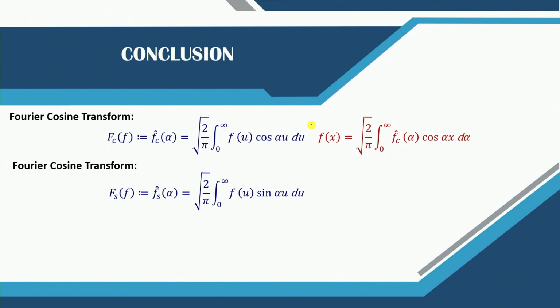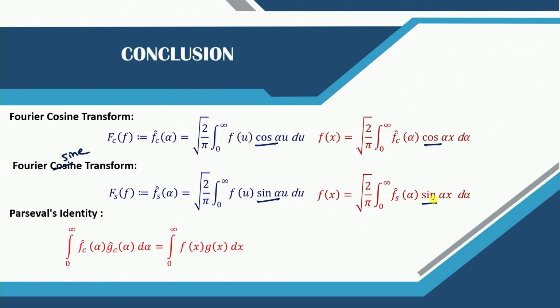Similarly, we have Fourier sine transform, and in the Fourier sine transform, instead of this cos we will have sine there, and here also this cos will be taken as sine alpha x d alpha. We have also discussed the Parseval's identity, and its application was also demonstrated for evaluating integrals.